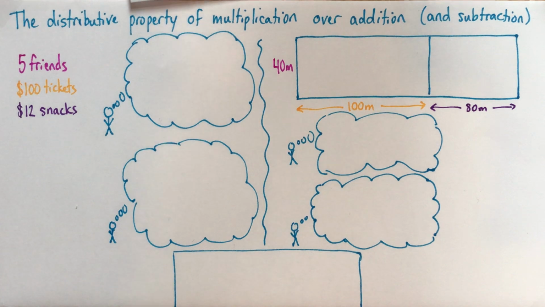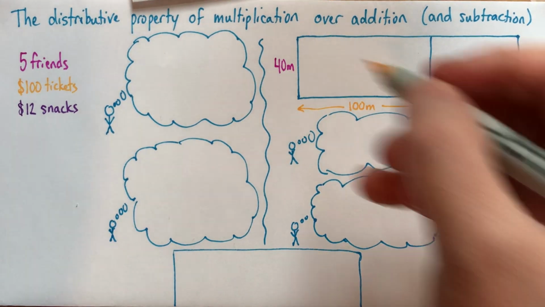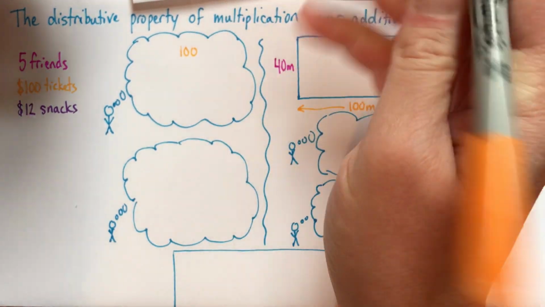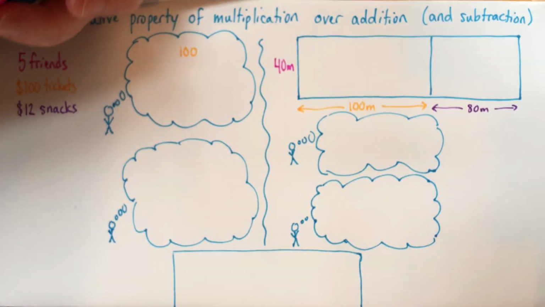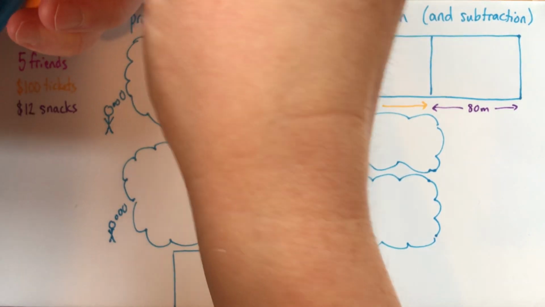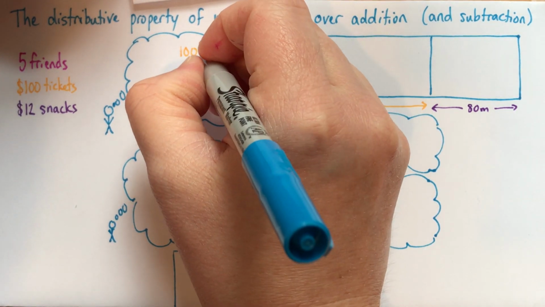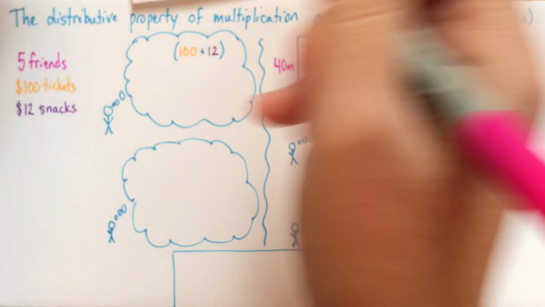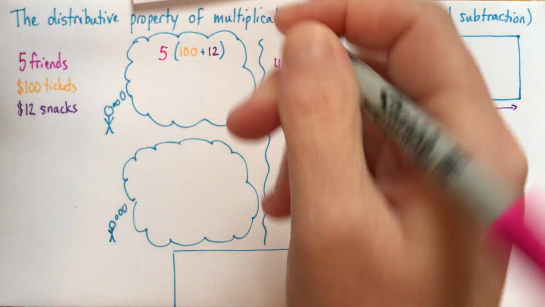So what they're going to think is, okay, let's see how much each person paid. Well, it was $100 for the ticket and $12 for the snacks. So the first thing I'll do in my head is I'll add those. And then once I've got them added, I'll multiply that by 5.